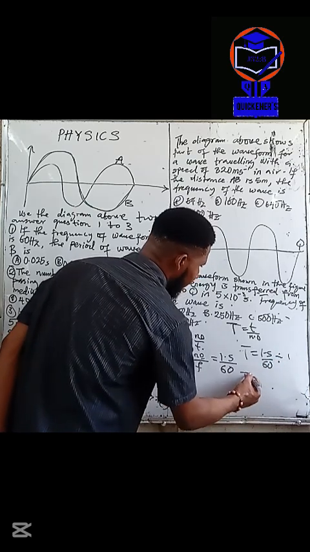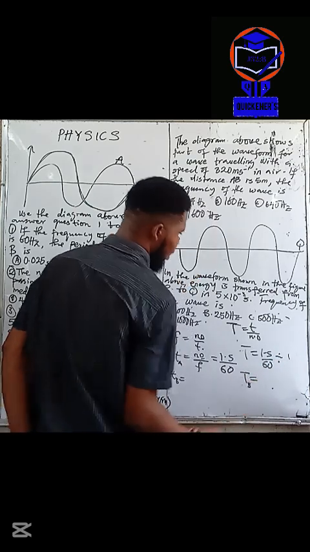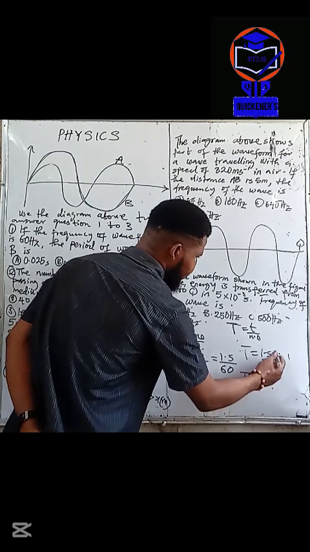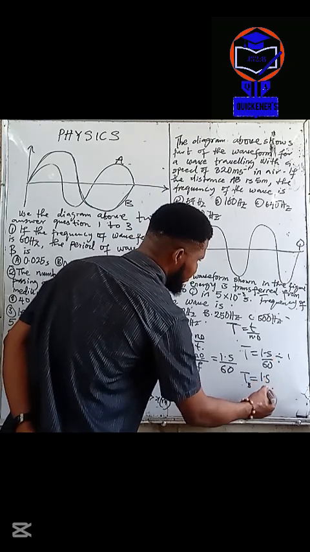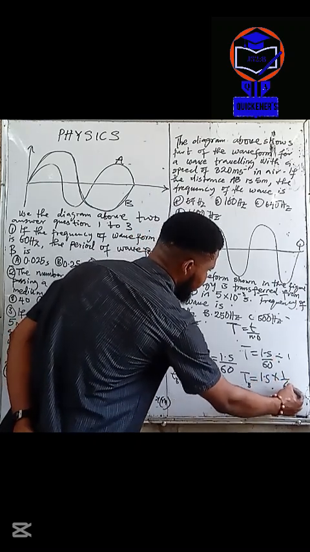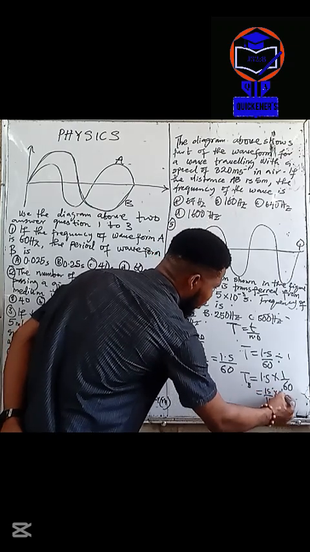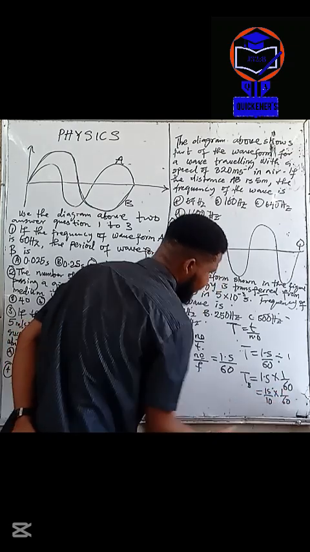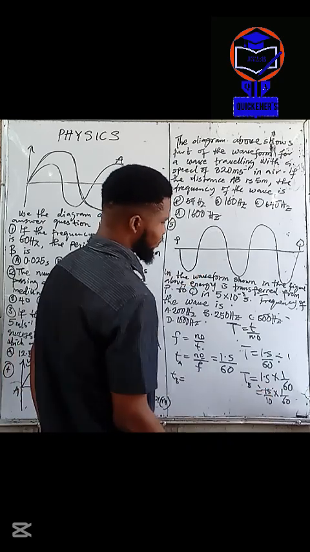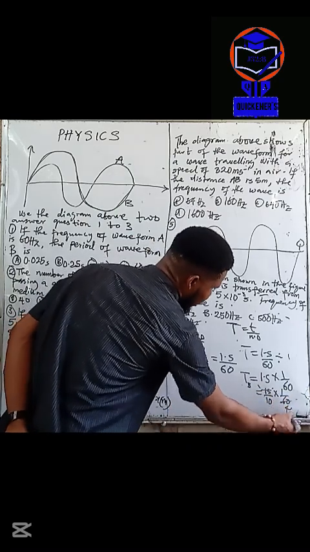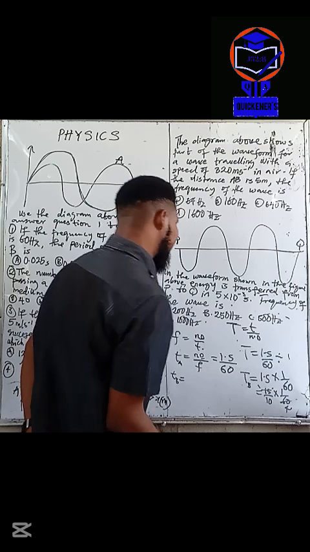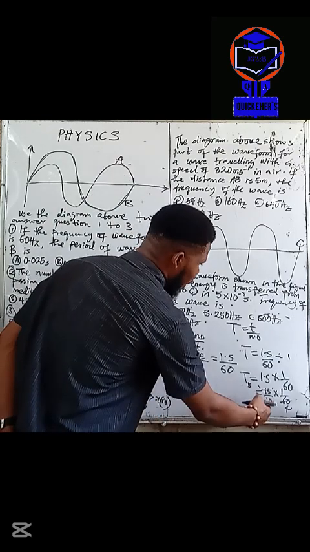So the period for B is 1.5 times 1 over 60, which is 15 over 10 times 1 over 60. The 15 here cancels to 1, and the 15 there is just 4, so that is 1 over 40.